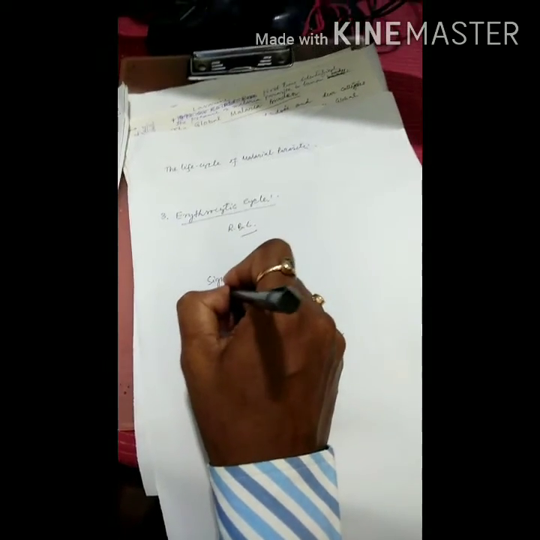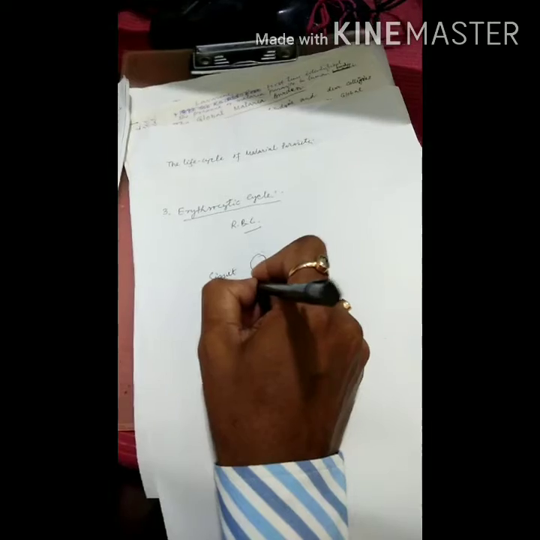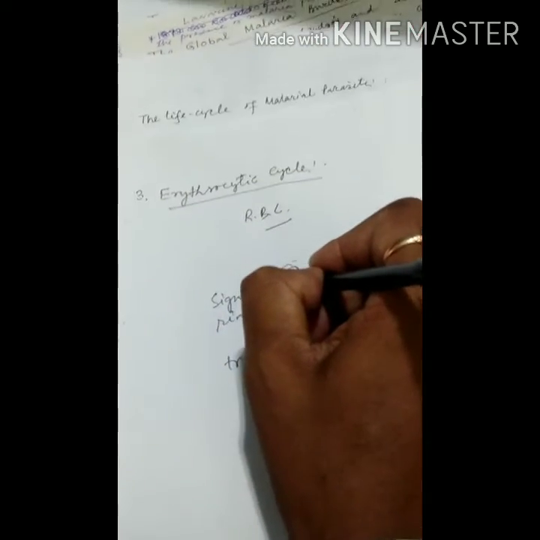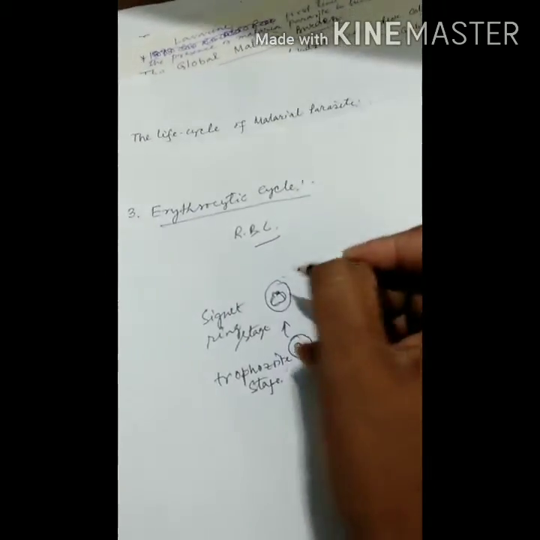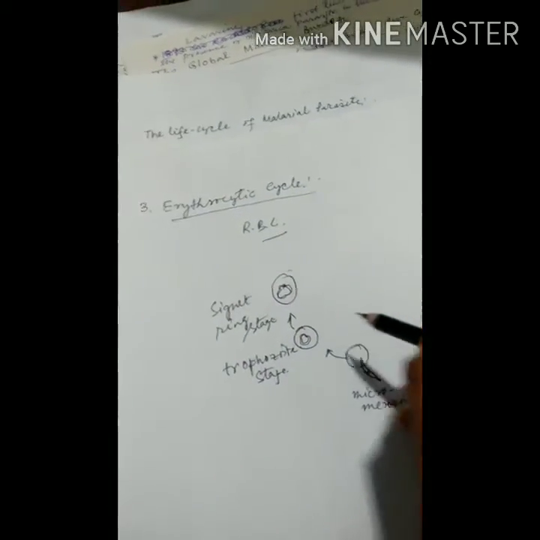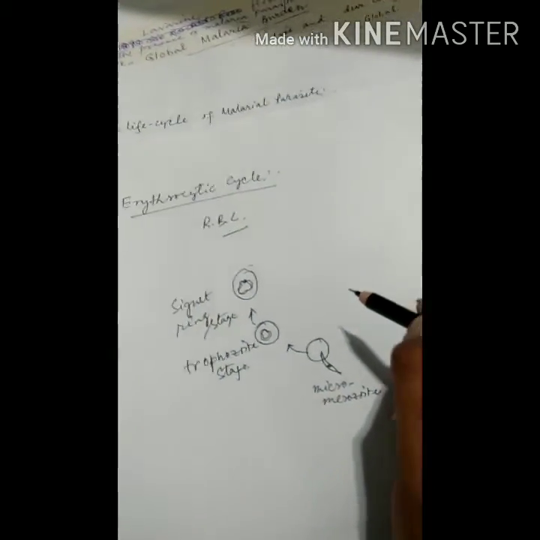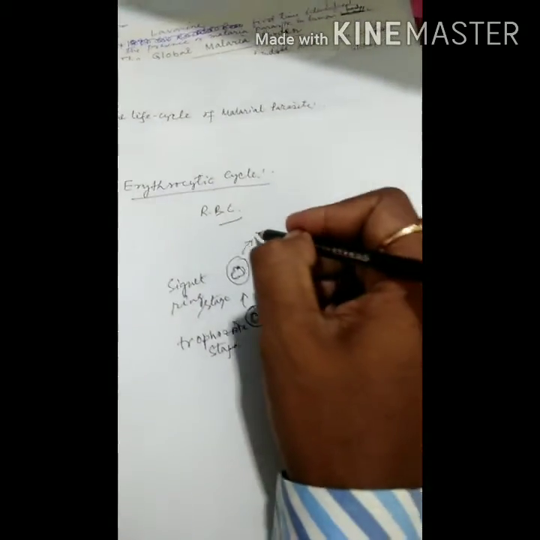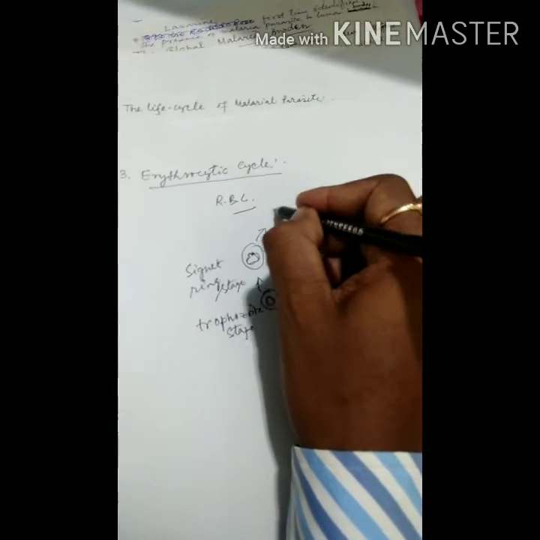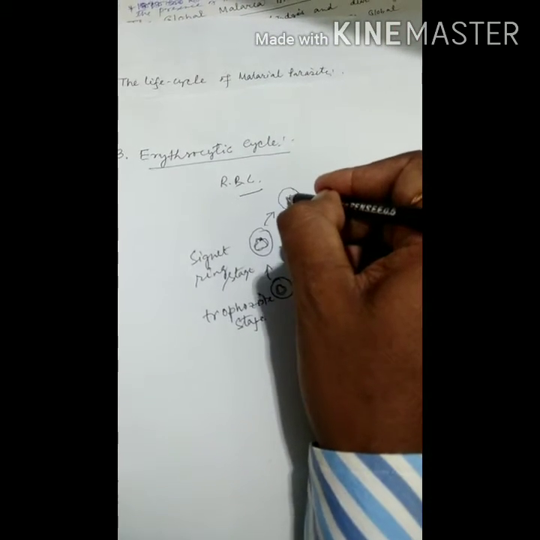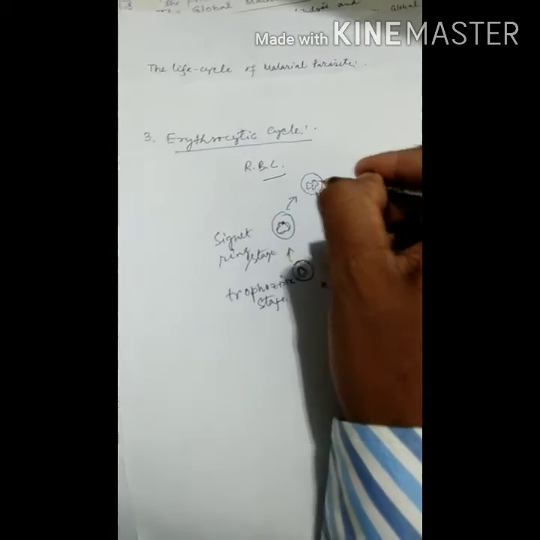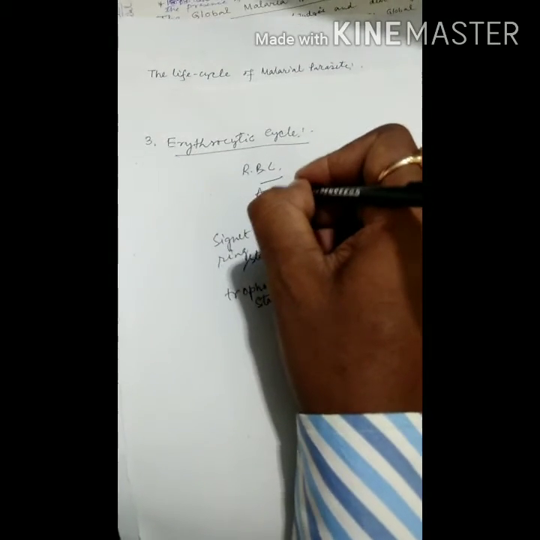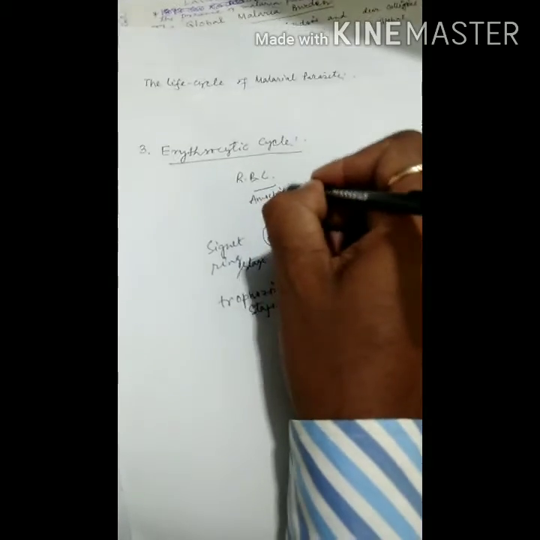The signet ring stage looks like a ring of the finger, and it is the identifying mark of Plasmodium vivax infection. The next stage is the amoeboid stage. Here the inner contents look amoeboid, and this stage is known as the amoeboid stage.